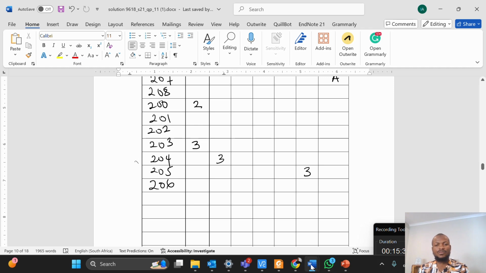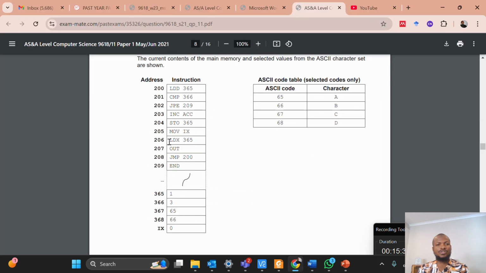206 LDX 365. Now, what does this mean? This means that you add the content of the index register to 365 and copy the content of that new address to the accumulator. The previous address was 365. So when you say LDX, it means add the content of the index register to this.